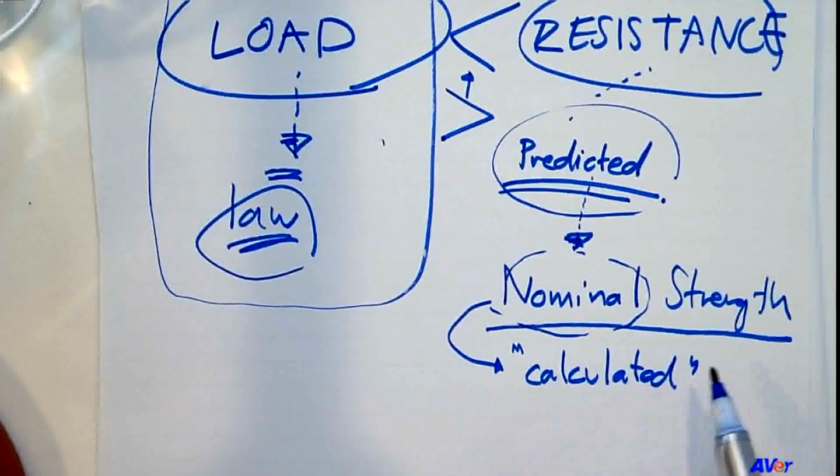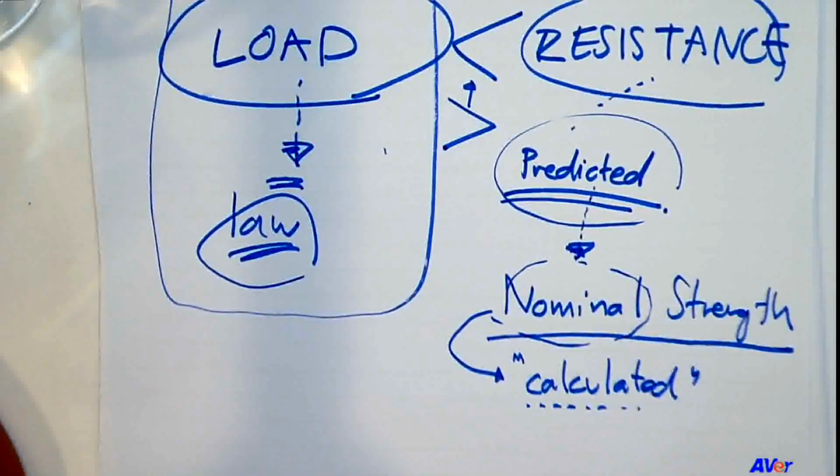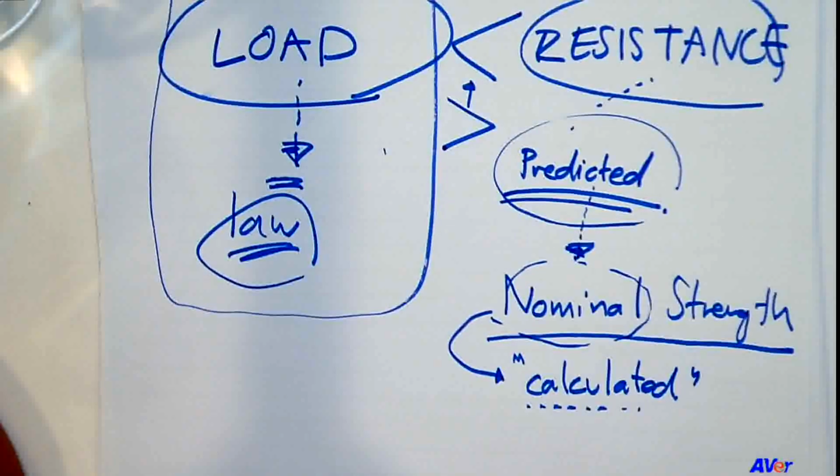It's something that we get from the calculation using those equations suggested to us by, say, the committee, the very, very good, smart people. So that is called the calculated strength, nominal strength, the strength that we can calculate from the formulas.